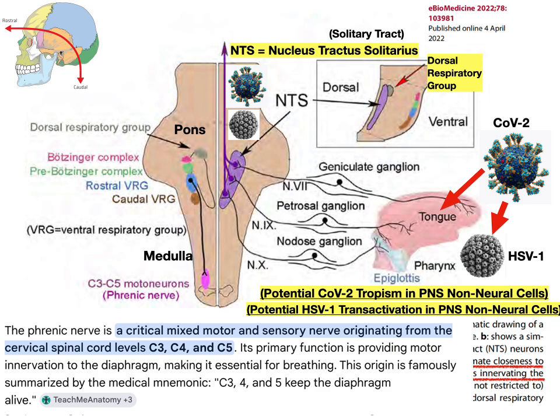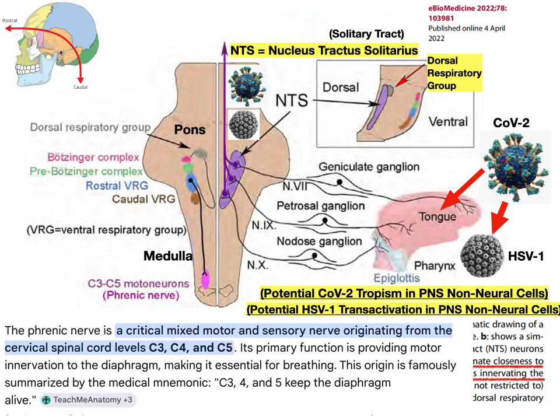These refer to the nomenclature of the cervical vertebrae. There are 7 cervical vertebrae in the human neck. Its primary function is providing motor innervation to the diaphragm, making the phrenic nerve essential for breathing.